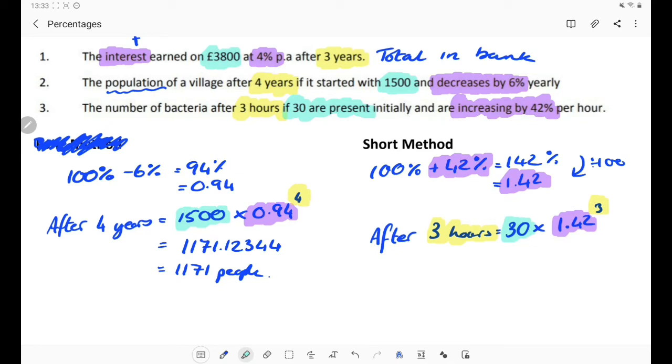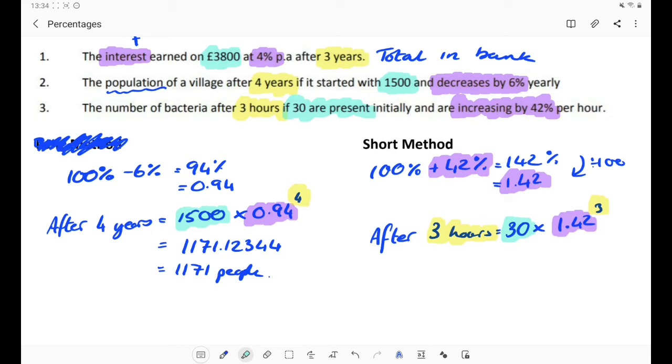These are your core skills when it comes to these calculations. I'm aware it could be a bit of a cacophony of colour, but blue is your population, your amount, purple is anything to do with your percentage, and yellow is your powers.